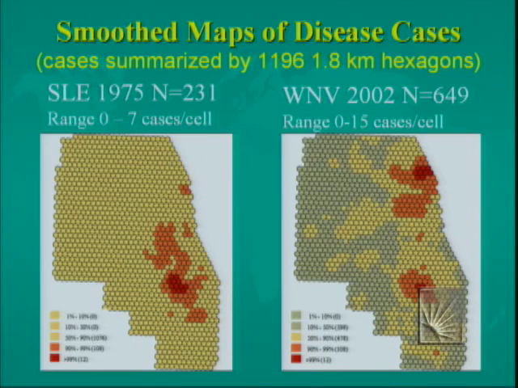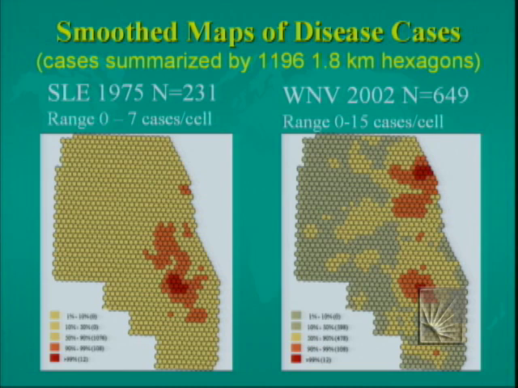So this is a summary of the data of the 75 SLE outbreak and the 2002 West Nile virus outbreak. And it's obvious that these two foci are practically identical. In fact, I think one reason we were successful in getting funding from the NSF, NIH, Ecology of Infectious Disease program, is because we pointed out that we really have a natural experiment here.